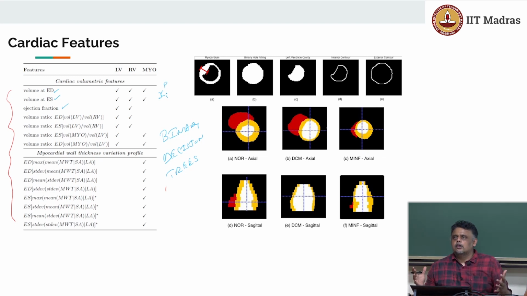I walked you through this because I hope most of you have been exposed to it. If not, you will study it in later sections. If you did not have convolutional neural networks or deep learning algorithms, this is what you would be doing.